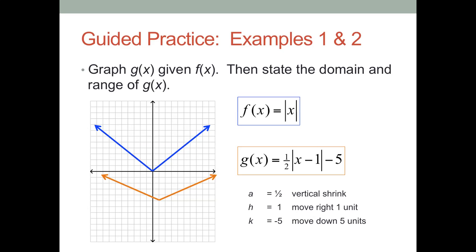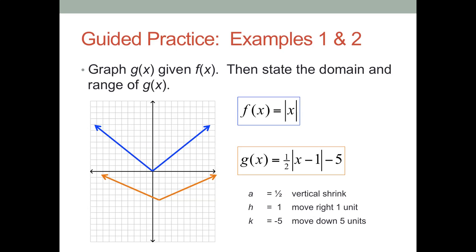So the a of 1/2, that's positive, so that means my V is still going to open up. But because it is an absolute value of a that's between 0 and 1, I have caused a vertical shrink. So every answer that I had gotten in the parent function is now half as much in my new function.